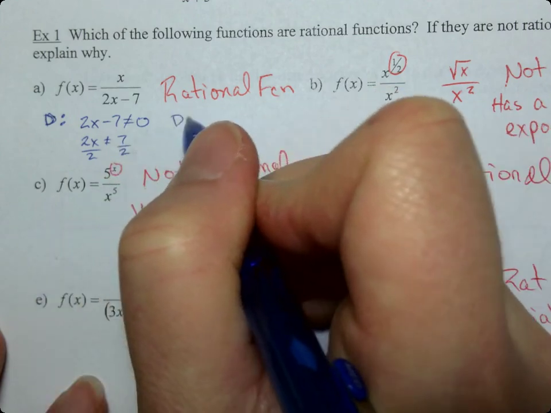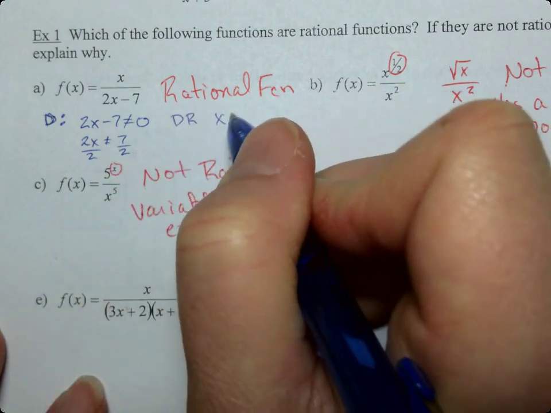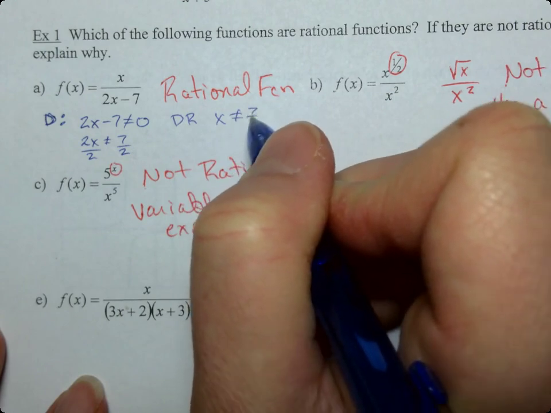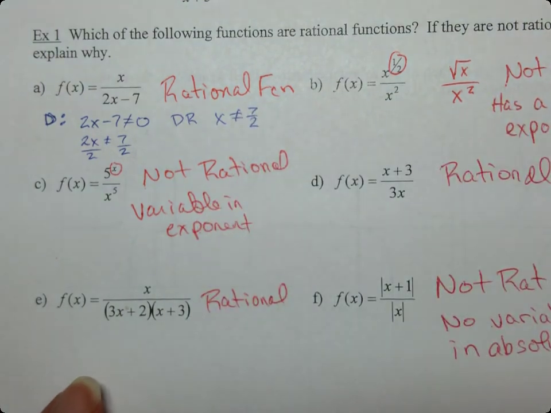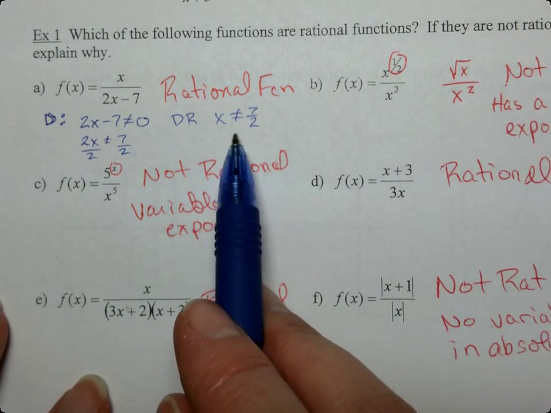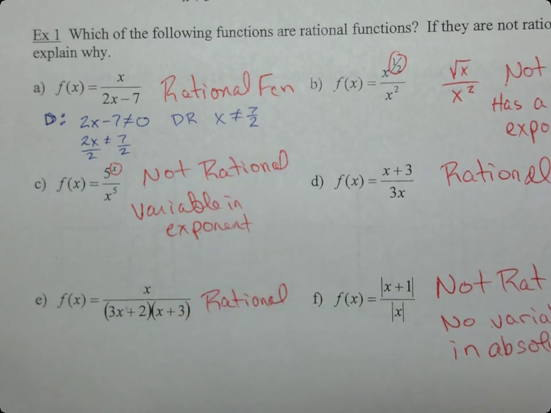So my domain restriction for this would be x cannot equal 7 halves. Now, it asks for the domain. This is the domain restriction. The domain would be all real numbers except 7 halves. Do you get the idea there? Domain restriction is a little bit easier because we don't have to say everything else.